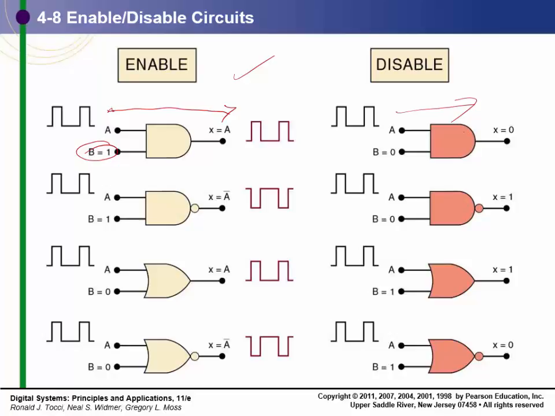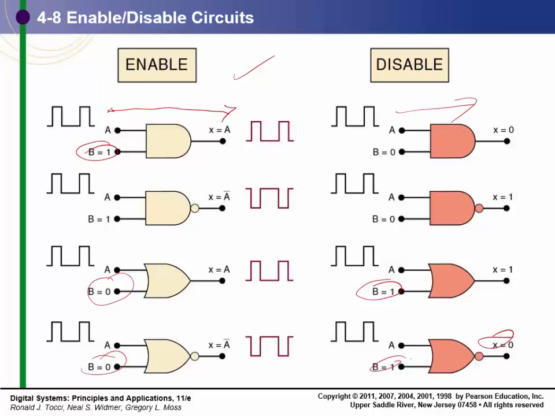We can use an OR gate, and if B is 1, the output is simply going to go high and stay high. If we're using a NOR gate, if B is 1, the output is going to go low and stay low. So we can use an OR gate, an AND gate, a NAND gate, any of the 4 basic gates.